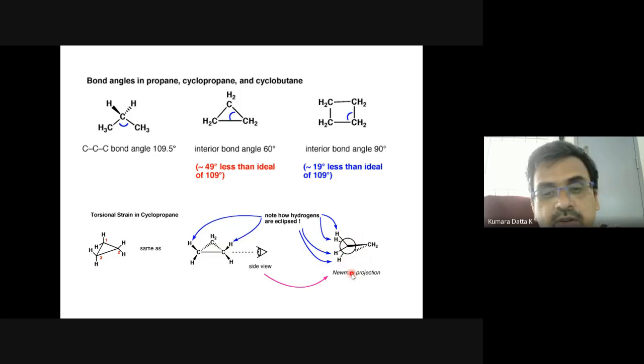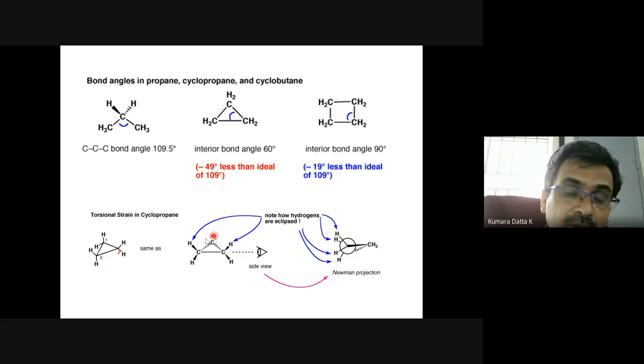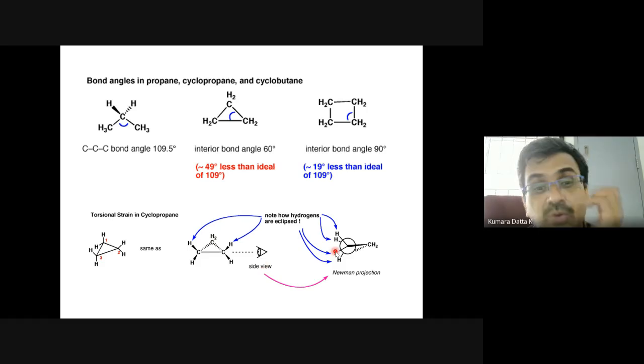Now you can see these hydrogens from the front carbon. We put a dot, and these are the rear hydrogens. There is an eclipse. It means the hydrogens are eclipsed, due to which you also get torsional strain. You already saw angular strain. Now torsional strain, due to which it is very reactive.